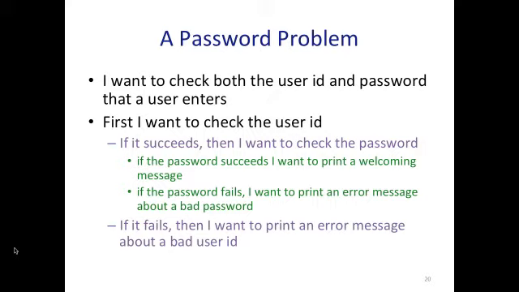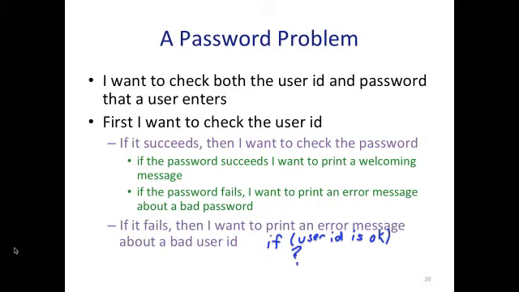Okay, I could write what I call pseudocode: if user ID is okay, because again it's pseudocode. Okay, what am I supposed to do? Well, it's not print a welcoming message. I want another if statement.